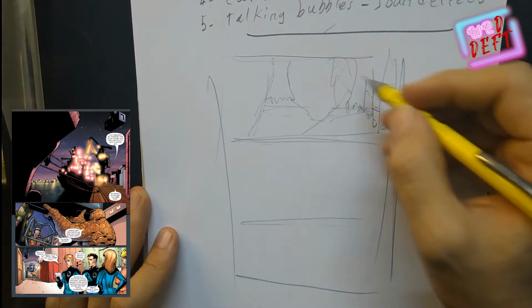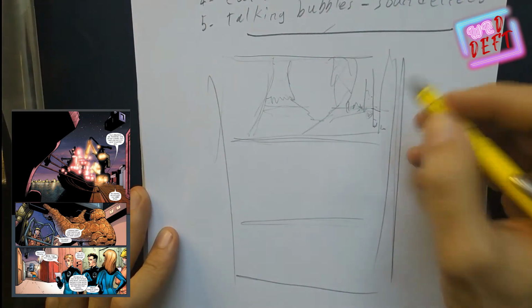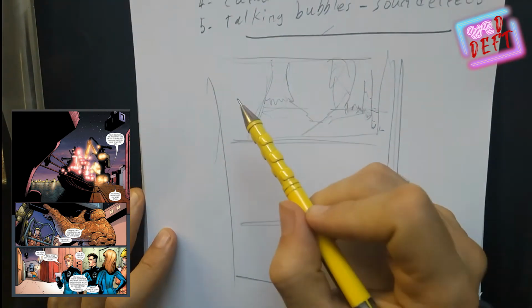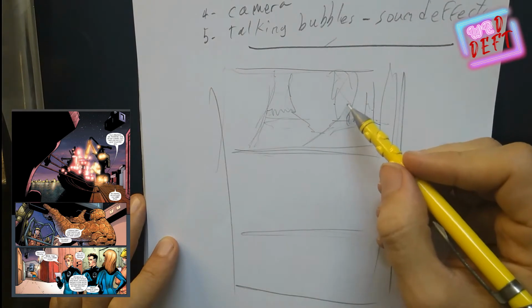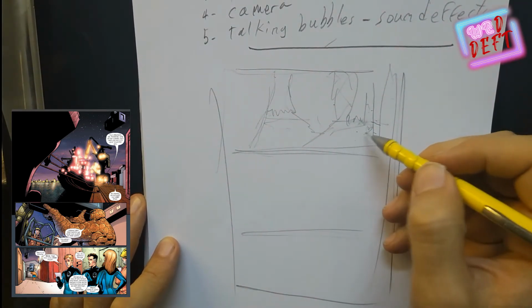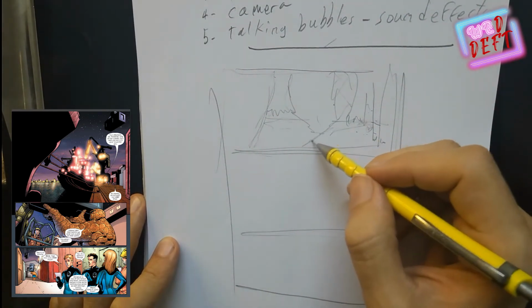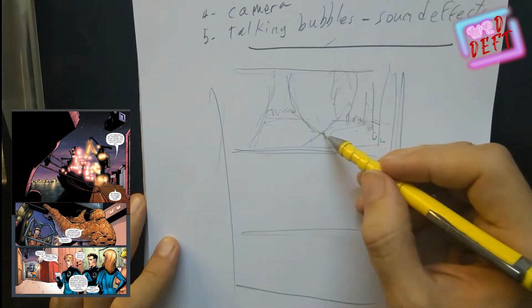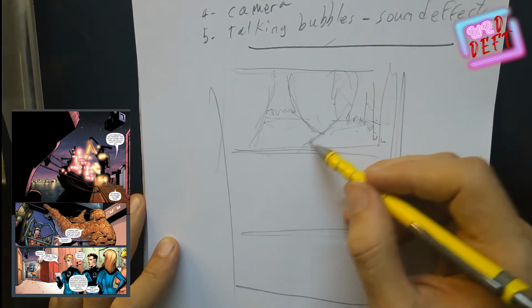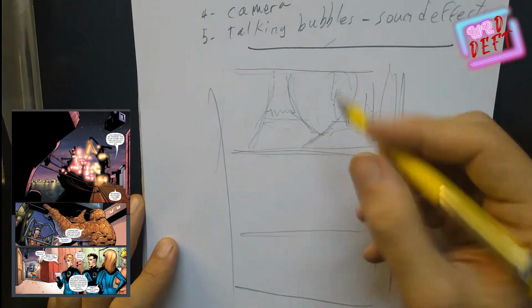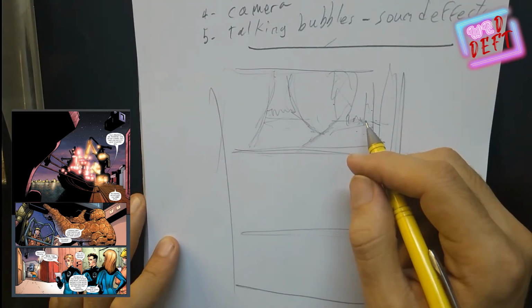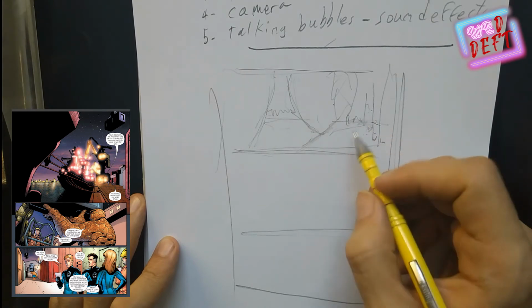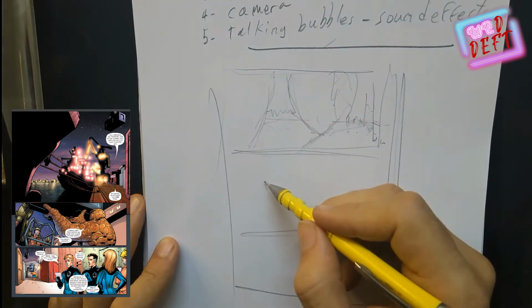So I'm going to move the camera to know how can we include all this stuff, the 2 ships, the water, and the port, the wharf, and the characters that will be talking. As we can see here in the original page, it got 2 balloons.